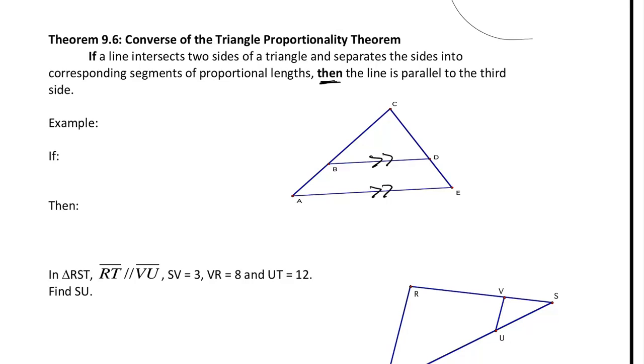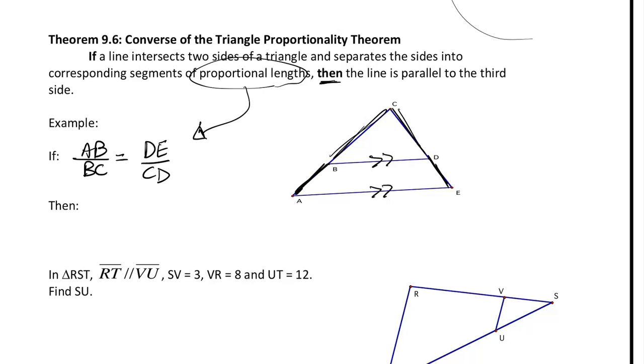So we would say, if, for instance, this length AB divided by BC, that side, equals DE over CD. If that's true, you have proportional lengths. That's what those two fractions equaling each other is telling us.